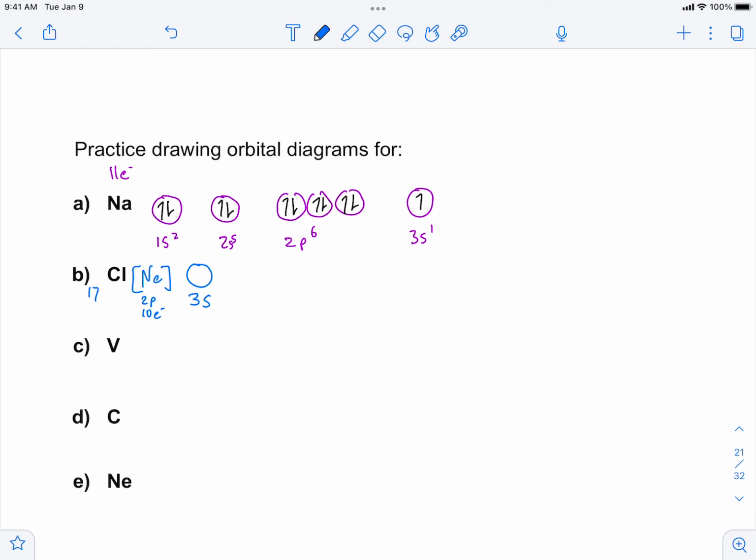Chlorine has 17 in total, so we've got to work our way up to 17. So 3s2 brings us to 12. And then after 3s comes 3p. A p sublevel has 3 orbitals, and there's going to be 5 in there. So 1, 2, 3, 4, 5. And we are done.